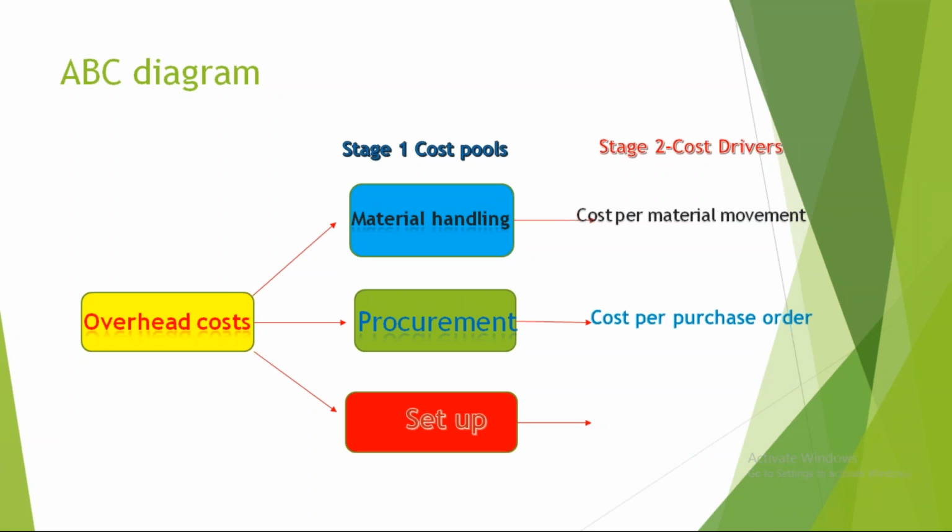It's not the value, right? It's the effort that goes into raising a purchase order. Whether the value is 100,000 or 1 million, raising the purchase order has the same cost of stationery, same time, and it's not the value, it is the number of purchase orders. Then number of setups.